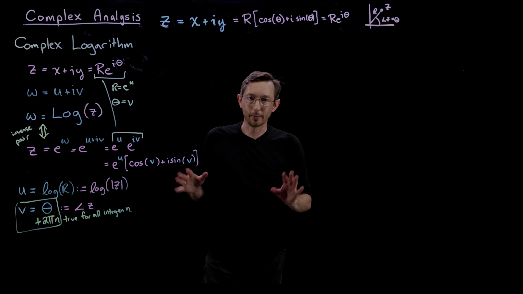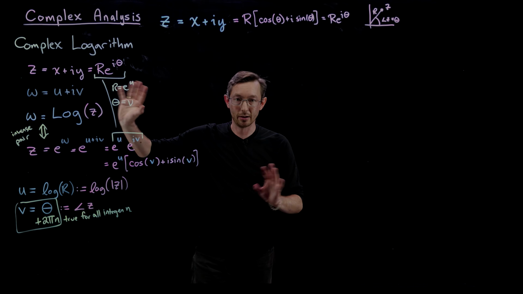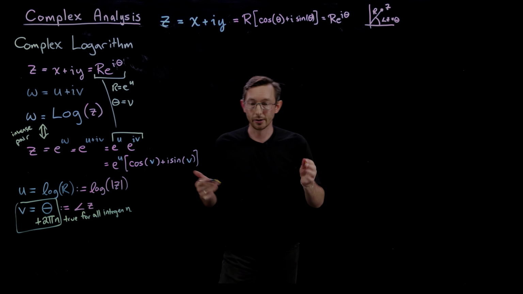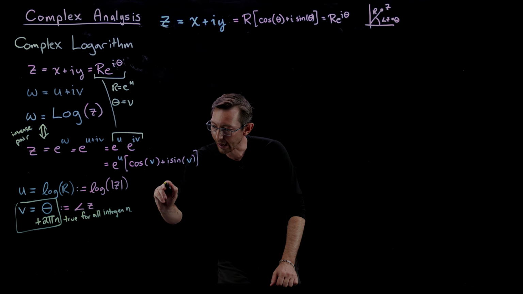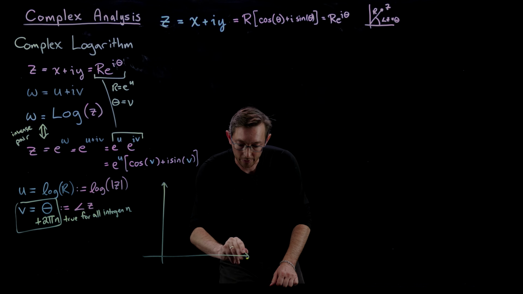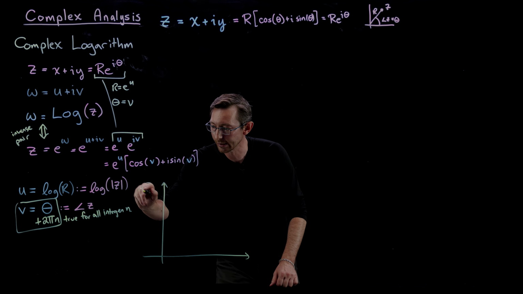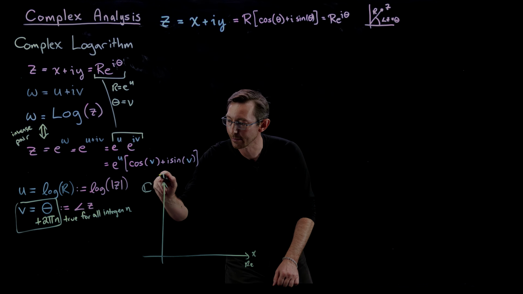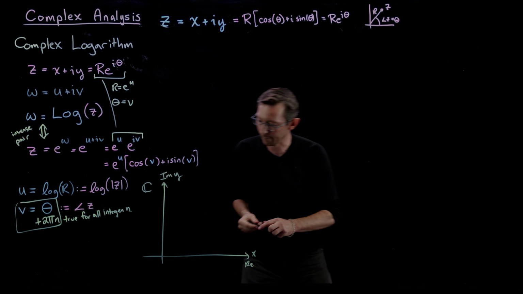Okay, good. So I'm going to draw you a picture, and then I'm going to write down what this logarithm is. Again, I'm going to do this color-coded. I'm going to have 2 different complex planes. This is my input complex plane, where this is C, this is the real, X, and this is the imaginary, Y. This is my z plane.